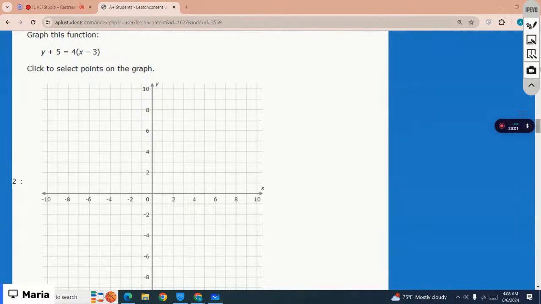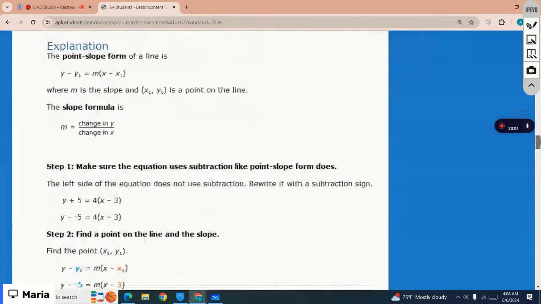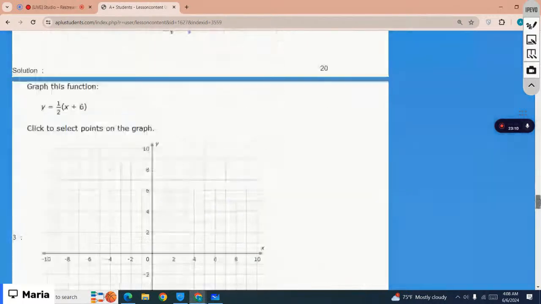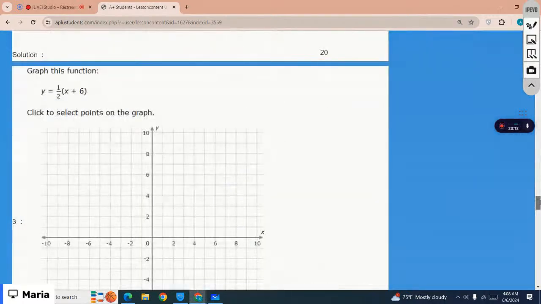Okay, the other example is y equals 1 by 2 x plus 6, right?